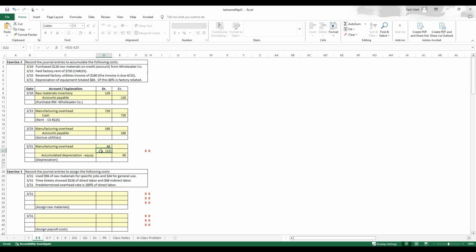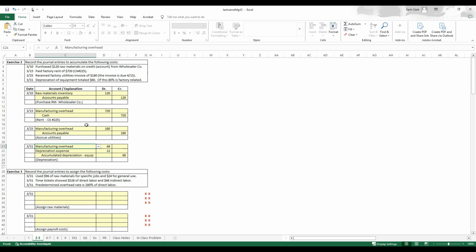Oh, no, that didn't work. Wrong. The total minus the 80% gives us 12. Let's see. Why did that not go away? Let me figure that out. Okay, but we wanted to hit depreciation expense. Oh, it just waited until that was there. Okay. So you could also do equals 60 times 0.2, for example.